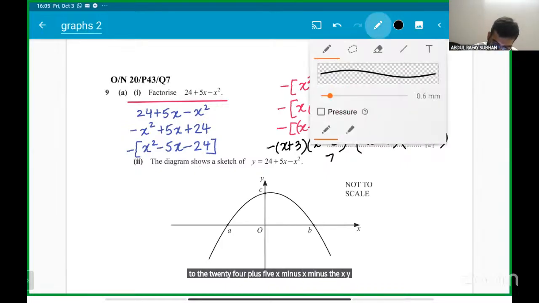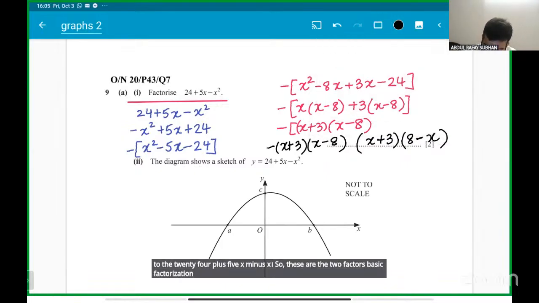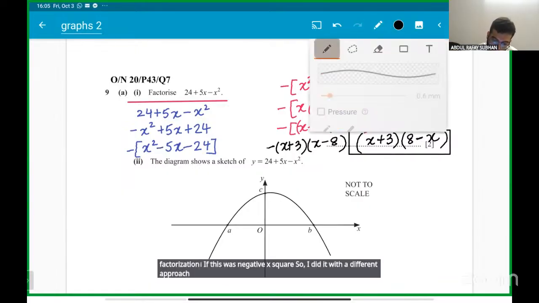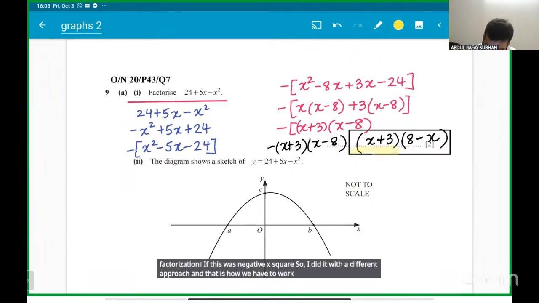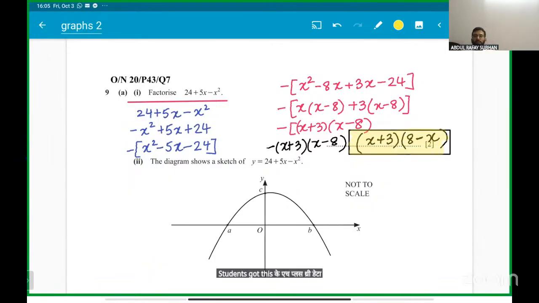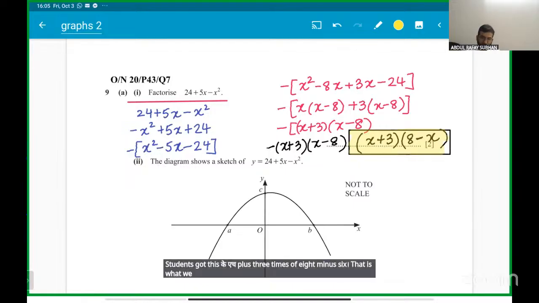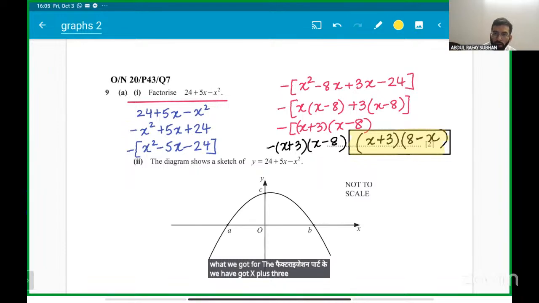This was negative x squared, so I did it with a different approach, but that is how we have to work on it. Is everyone clear? Students got this? x plus 3 times of 8 minus x is what we got for the factorization part.